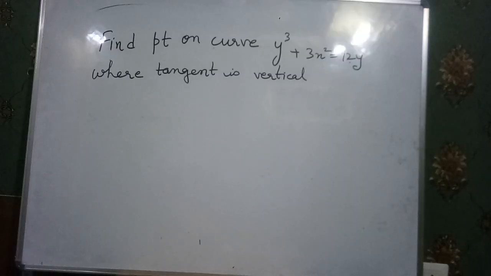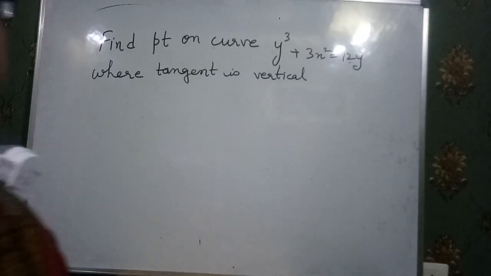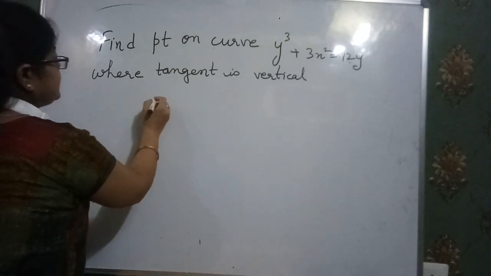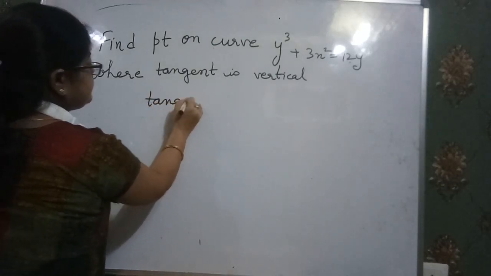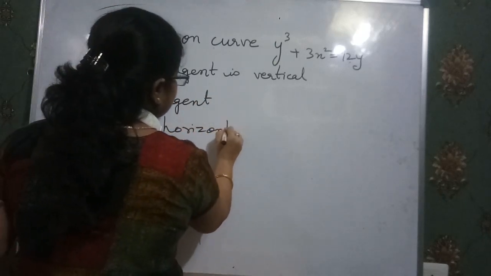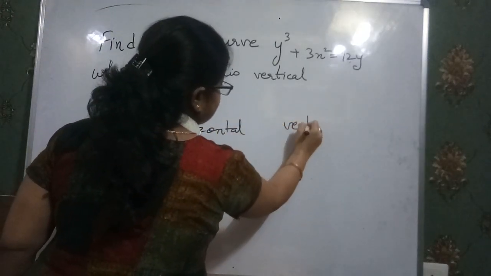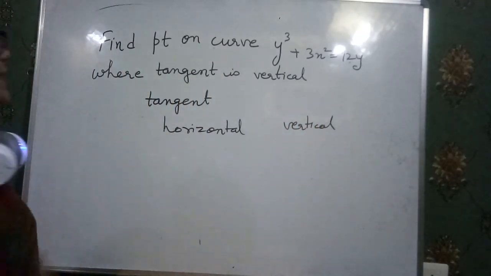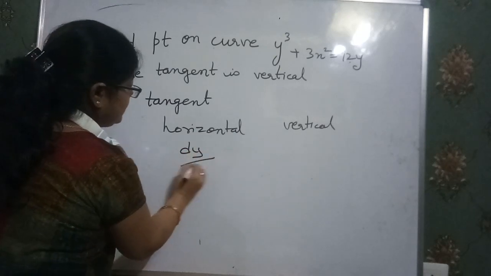Now the question is, find the point in the curve where tangent is vertical. How do we find the vertical tangent? There are two types of tangent. One is horizontal and the other is vertical tangent. If it is not mentioned in the question, we just have to find the horizontal tangent and it is dy over dx.